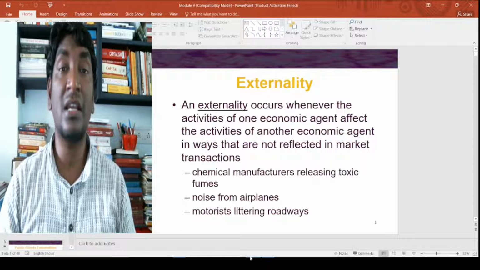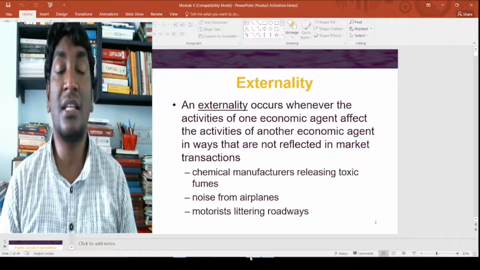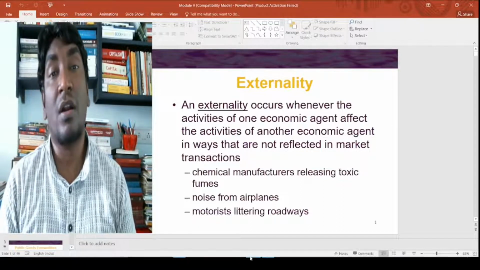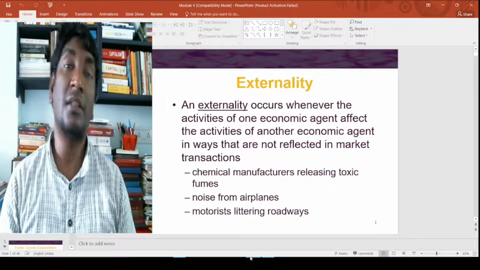In another sense, externality is a cost imposed, based on production or consumption, on a third party.